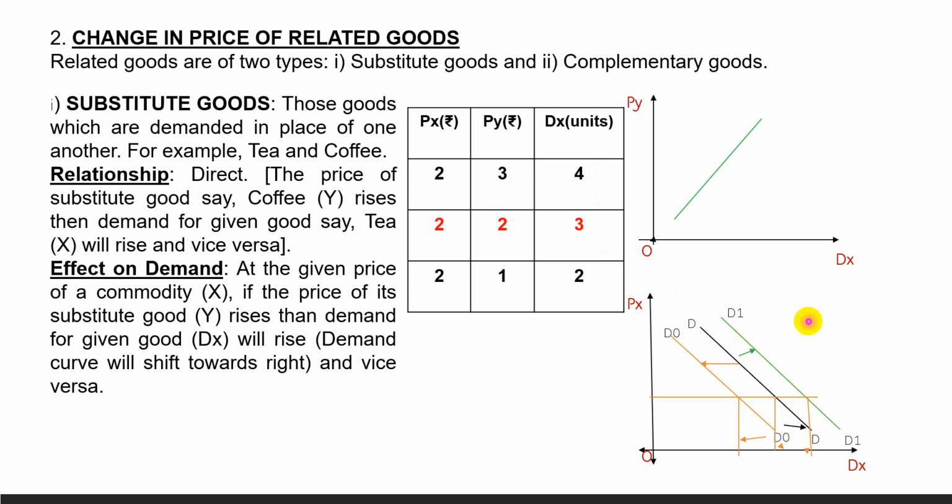Why? Due to the increase in price of the substitute good. And when the price of the substitute good falls, then the demand for the other good will decrease and the demand curve will shift towards left, showing a decrease in demand.